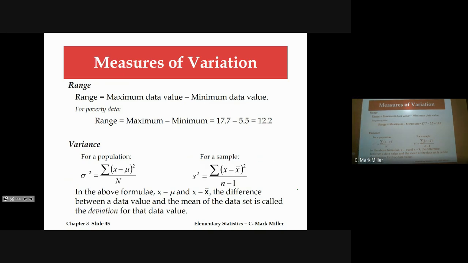Then there is the variance. Notice for a population, you have the Greek letter, lowercase sigma. For a sample, you have a lowercase s. So once again, the Greek letter goes with the population, right? And this is kind of a strange calculation, right? The variance.